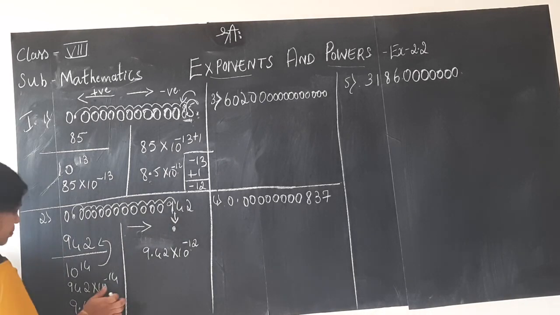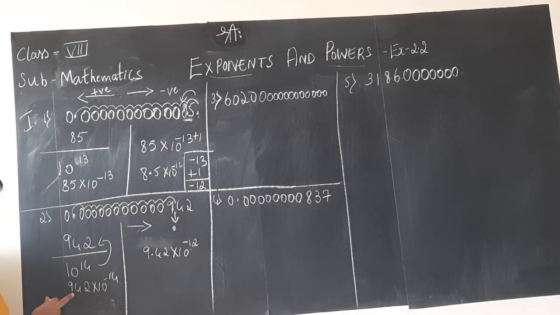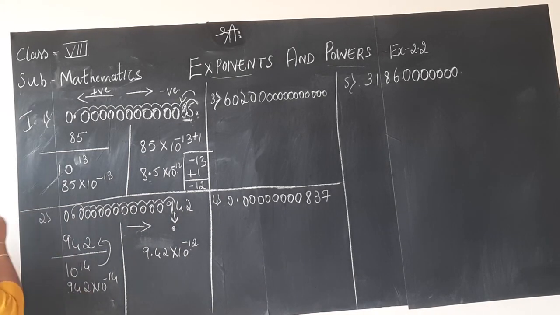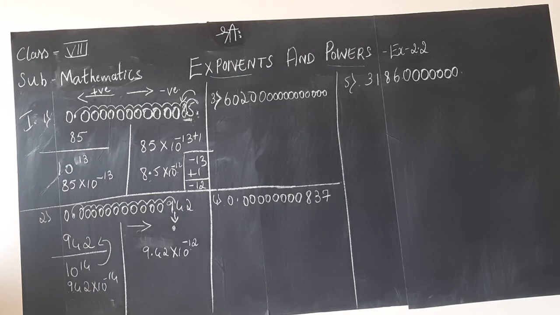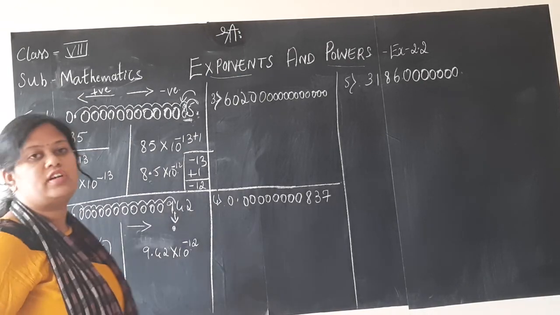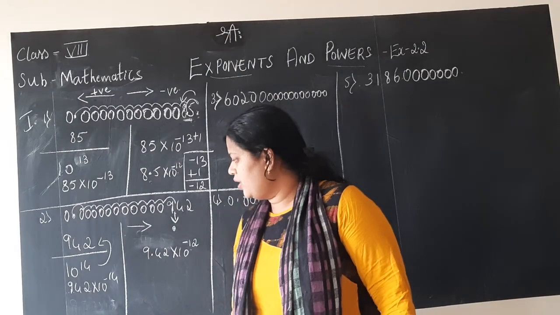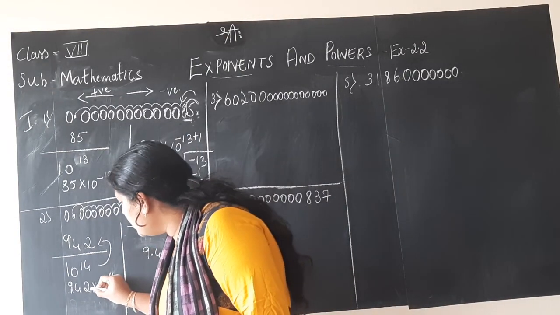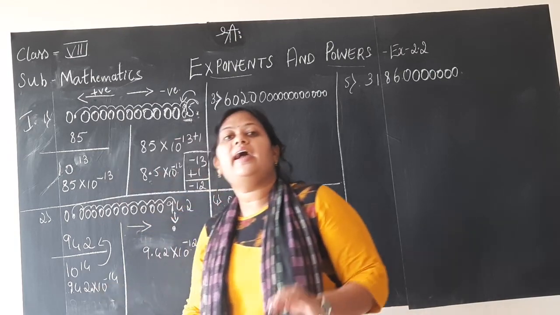Now I will teach you simply here. Here we have 942 into 10 power minus 14. To make it 9.42, children, where is the decimal point is the next question which will come to your mind, isn't it? Now children, when you have such whole numbers, any number for that sake, without a decimal point and with a negative exponent like this, it is understood that the decimal point is in the end place.